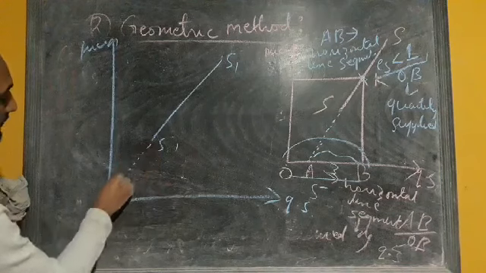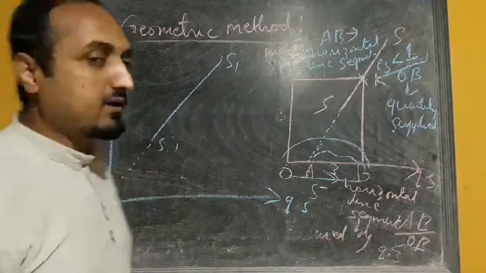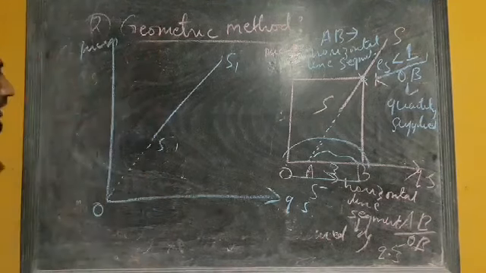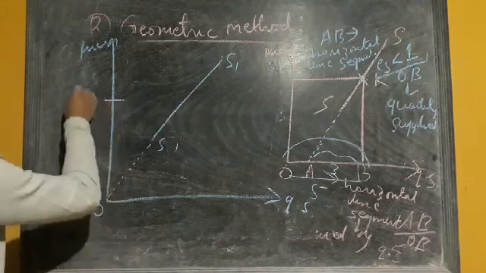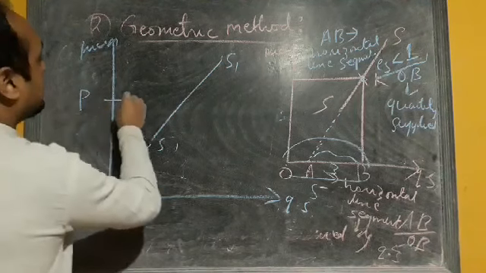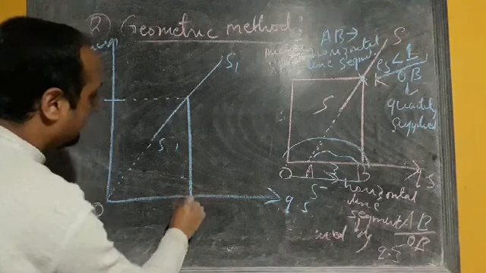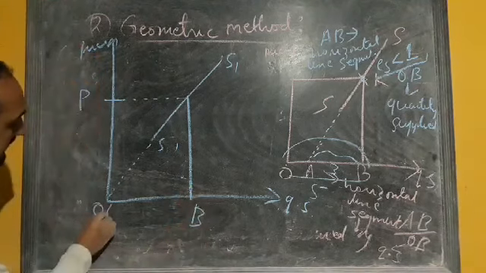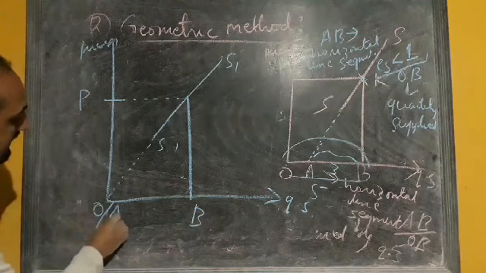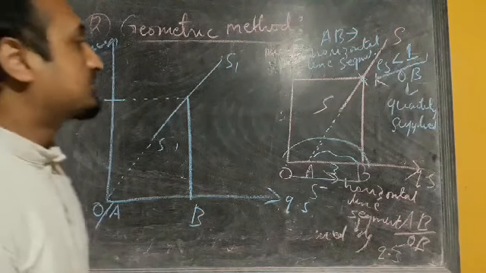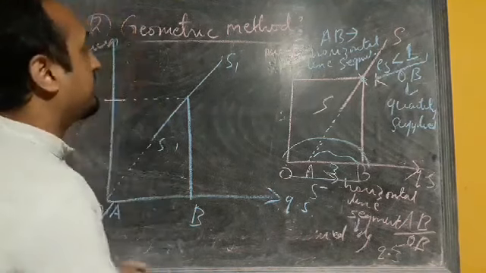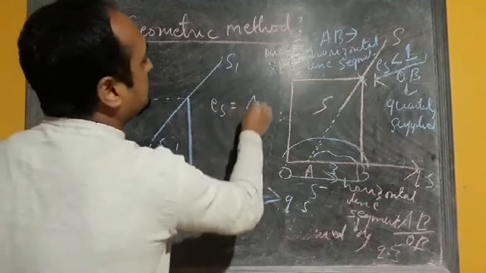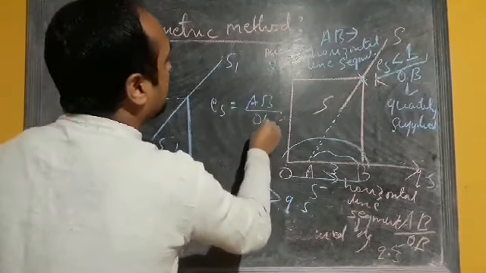If we extend this supply curve, it passes through the origin, and the initial price is P. This is your B, this is O also A, and as we have seen the formula, E is equal to the ratio of AB by OB.